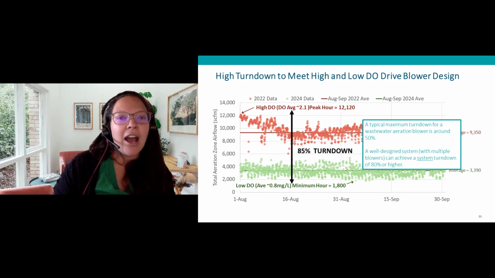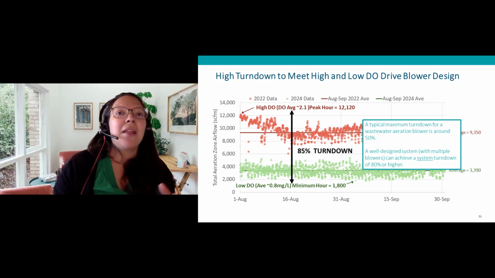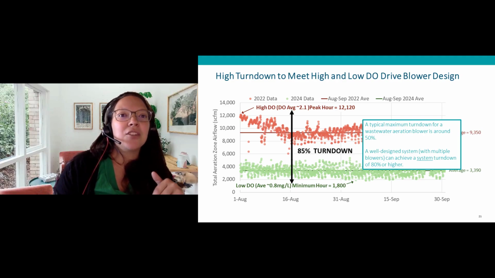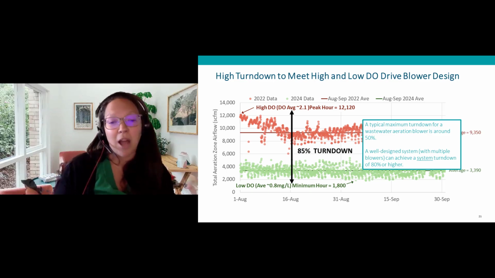On this graph, I highlight the peak hour airflow at their high DO condition, which was approximately 12,120 SCFM, and then the minimum hour airflow at low DO of 1,800 SCFM, which establishes that 85% turndown needed to be able to operate at these two conditions.